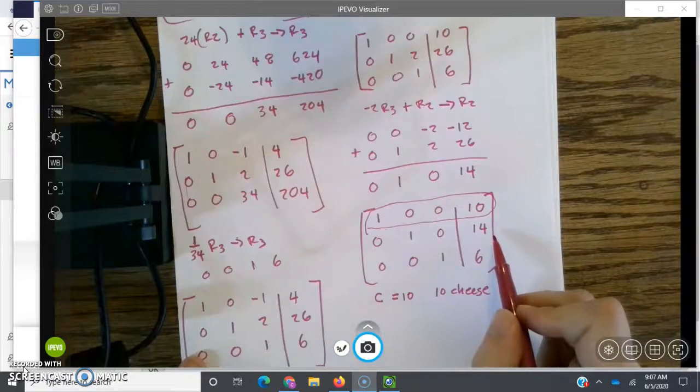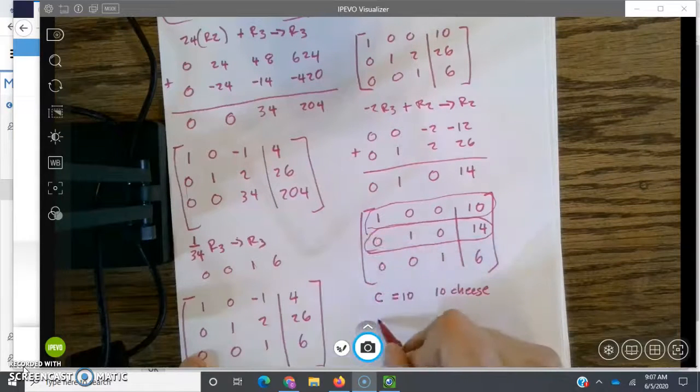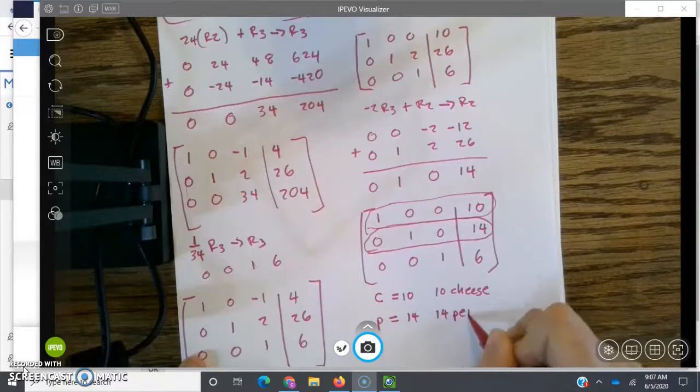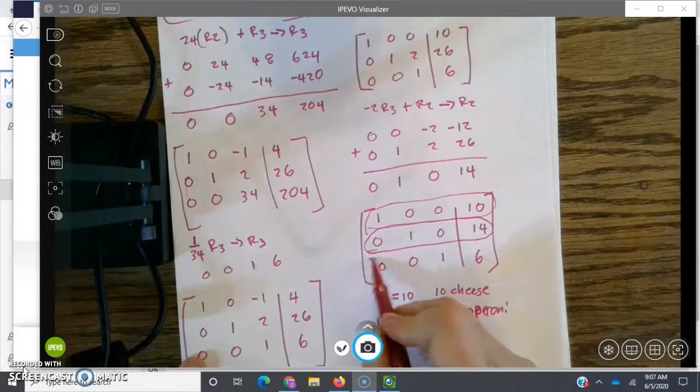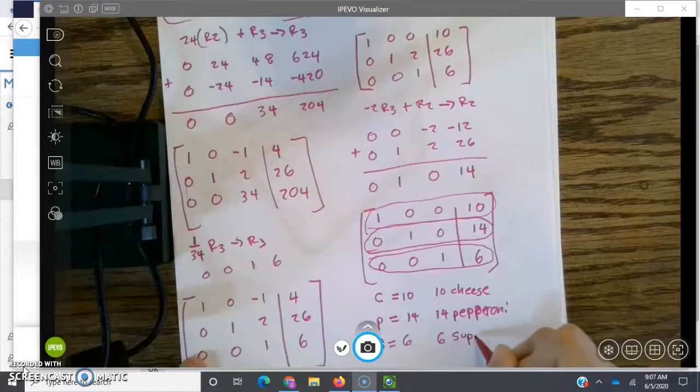For pepperoni, they got 14. So P is equal to 14. So 14 pep. And the last one, we have Supreme. And they got 6 of those. So 6 Supreme.